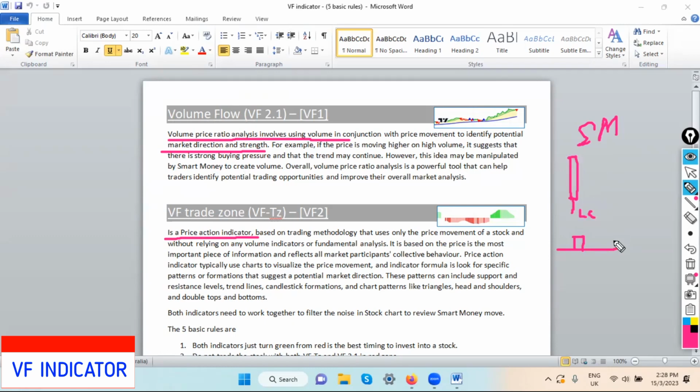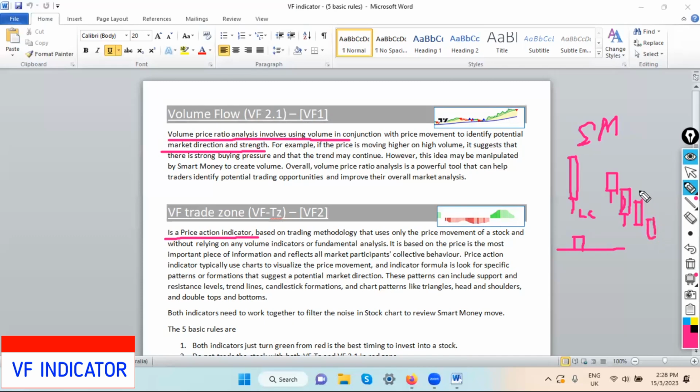Sometimes smart money can also use price manipulation. Let's say the price opens up, then the second day it goes down but closes high. It looks like strength of buying into the market, but it keeps on continuing: open low, close high, open low, close high.